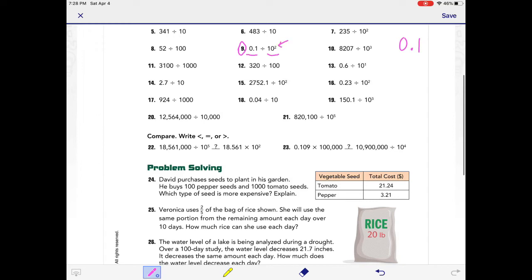That exponent tells you move the decimal to the left 2 spots. 1, 2. The decimal point goes here. I need to fill in this space with a 0. Because it is less than 1, I need to also put a 0 in the 1 spot. So the answer for this is going to be 1,000th.